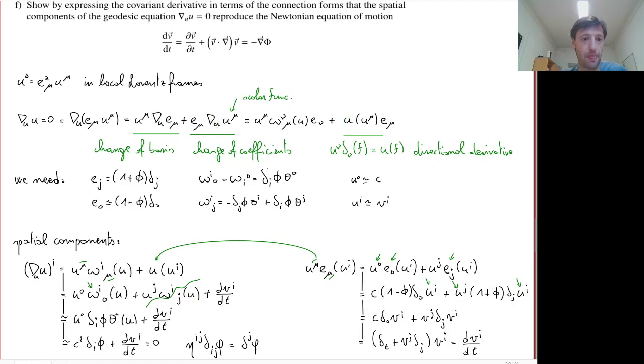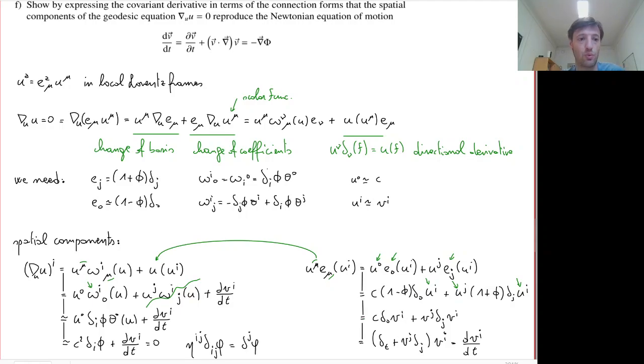In the other part, we have the covariant derivative of the basis. The covariant derivative of the basis is expressed by the spin connection, because the spin connection tells us how the basis e is changing along the direction u. That's the very definition of the spin connection.